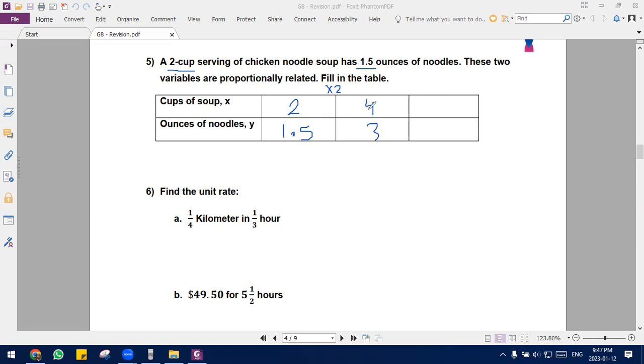So 4 cups and 2 cups will give me 6 cups. So I'm adding them now. And then 3 and 1.5 is 4.5. But still, if you need to fill the table, you can multiply by any value that you like. Because it is proportional, so the answer will be constant.